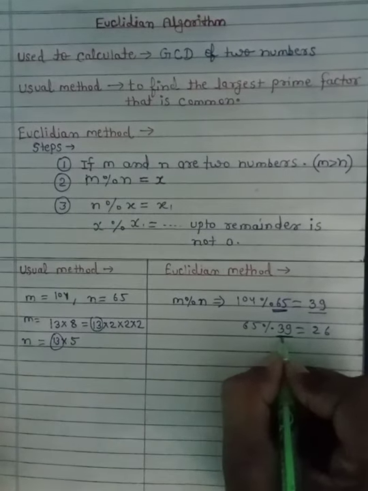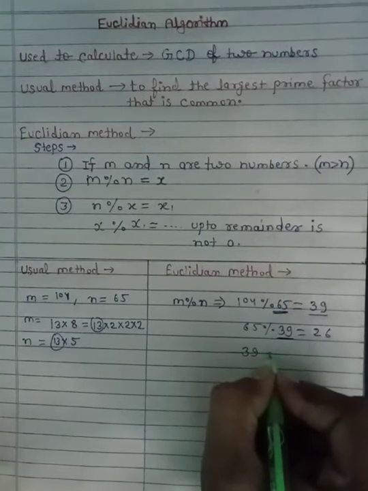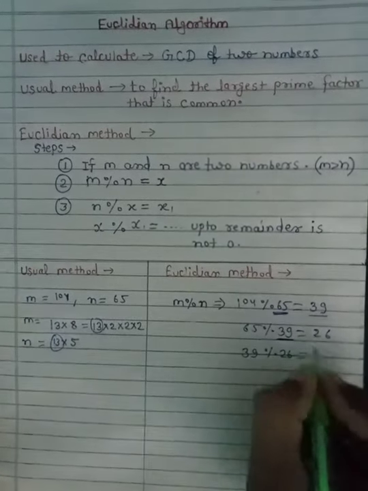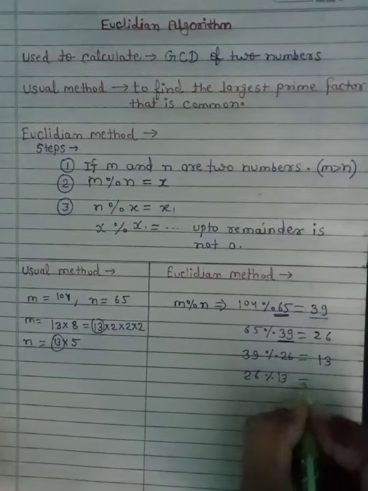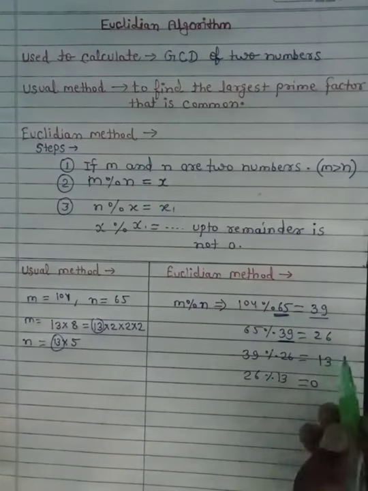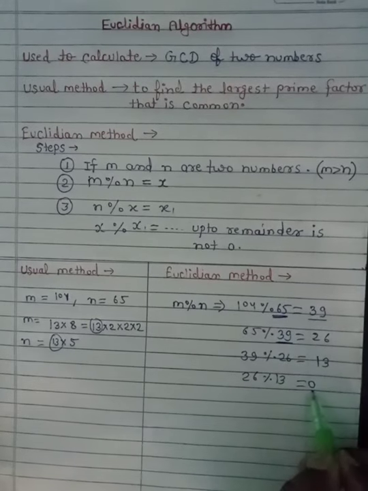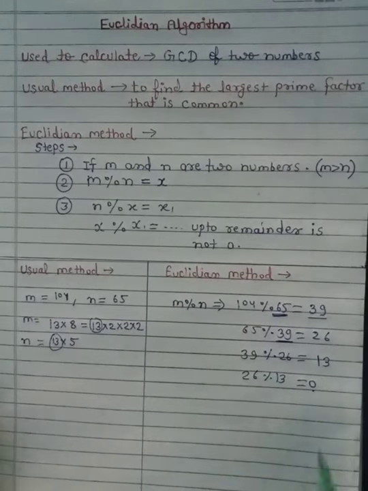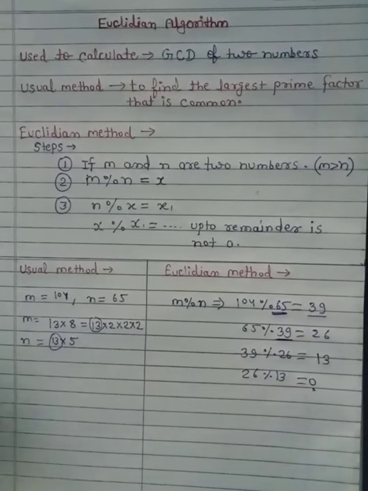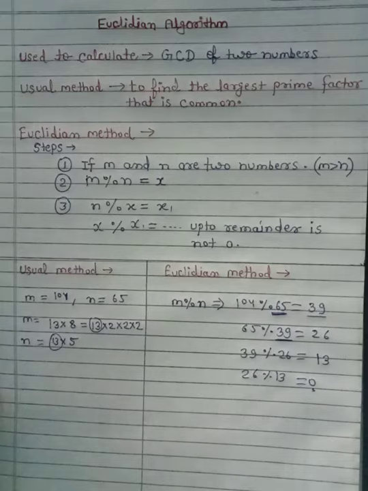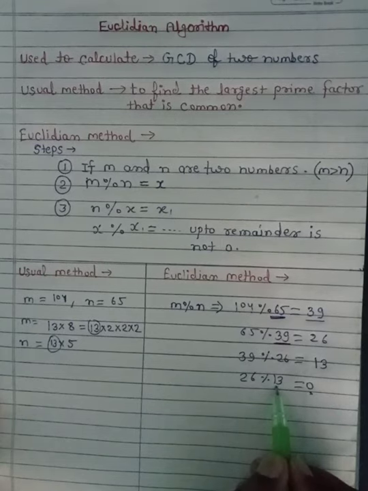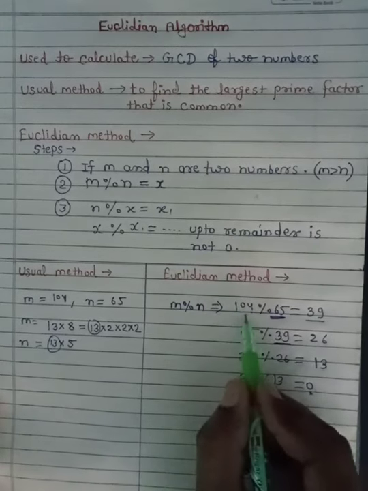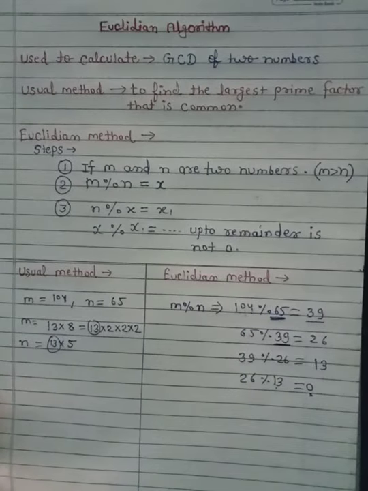We'll again find the remainder: 39, remainder 26, and now that is 0. So we'll repeat this process until we get the remainder as 0. So finally we are getting the remainder 0. It means that both numbers 104 and 65 are divisible by 13, and 13 is the greatest common divisor for these two numbers.